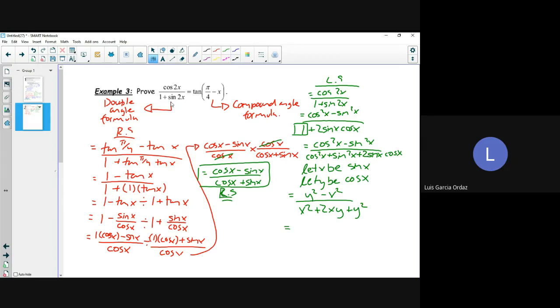So what would our numerator be simplified into if it's a difference of squares? Our numerator would be y plus x times y minus x. And what would our denominator simplify into? Remember, you're factoring a trinomial, so use sum and product.